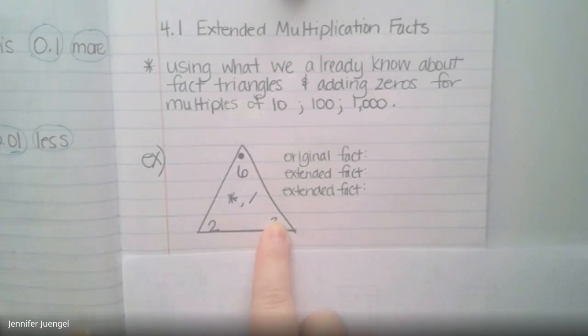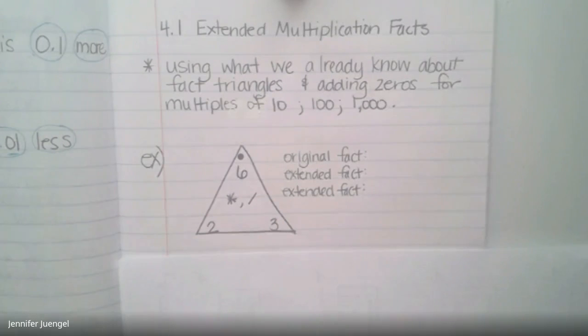So we use what we know about multiplication and division to work our way through this fact triangle. So when we're talking about how to extend this knowledge into a bigger multiplication problem with bigger factors, factors of 10, what we're going to do is concentrate first on what the original fact is.